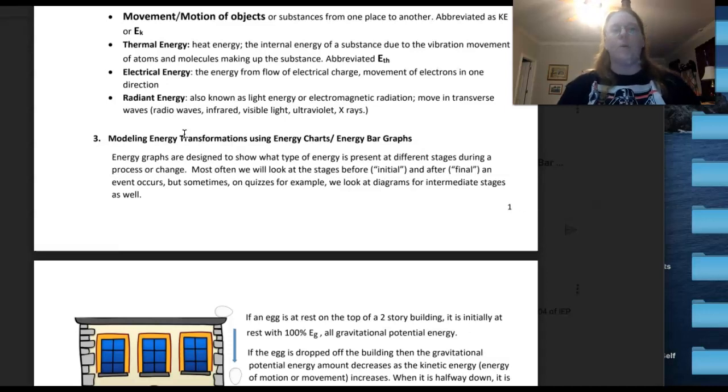Most often we will look at the stages before, those are called initial, and after, those are called final, an event occurs. But sometimes on quizzes, for example, we look at diagrams for the intermediate. So what's happening in between after the roller coaster's already started, or after the guy on the skateboard has already started rolling down the hill.